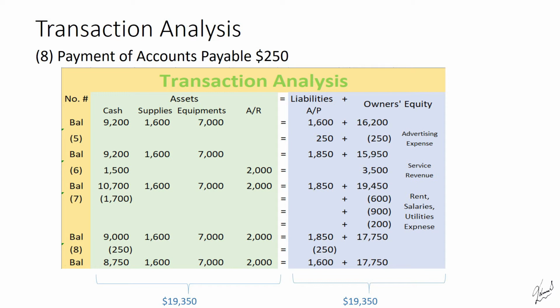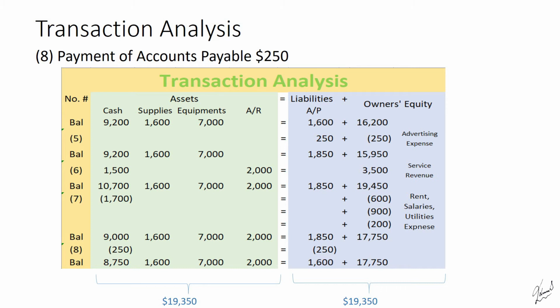At the same time, because we are paying out the liabilities, liabilities are going to decrease. So under accounts payable section, we will also deduct 250. And in the balancing row, you can see we have deducted 250 from the previous balance 1850, and the new balance is 1600. I should draw your attention at this point.